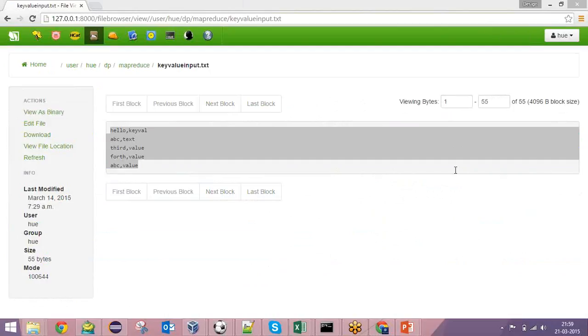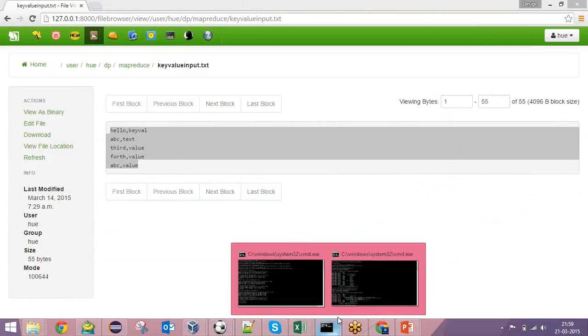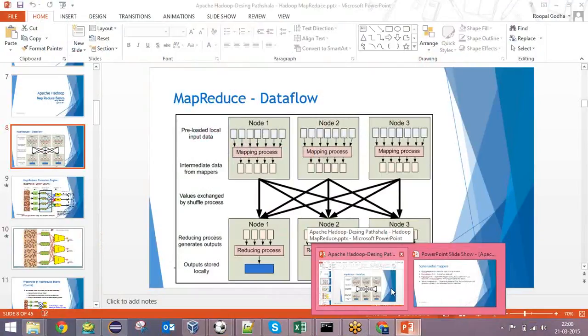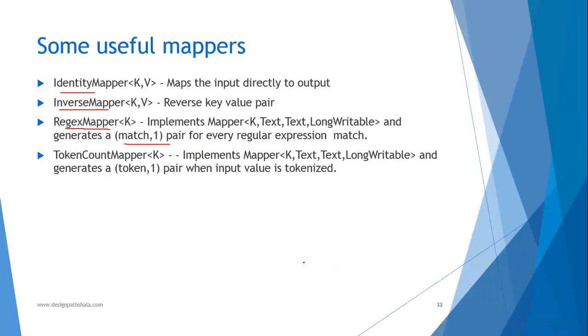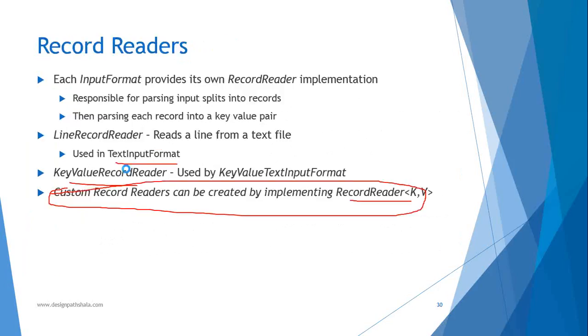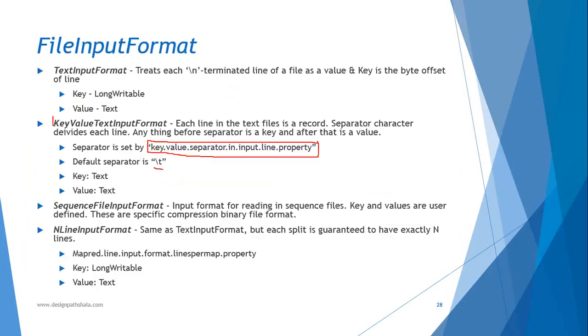The class which I've used, let me again tell you, is the key value text input format, where I've defined the separator as a comma. So anything prior to the comma is my key and anything after the comma is my value.